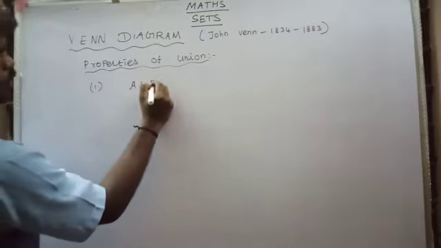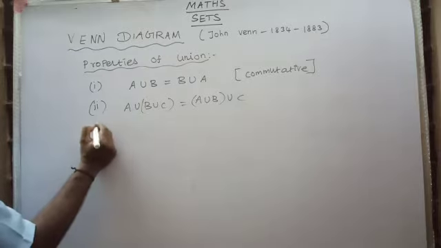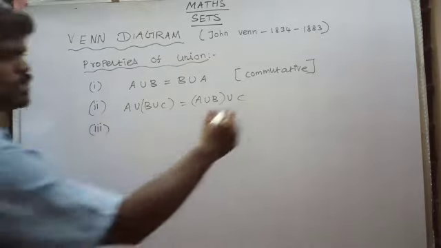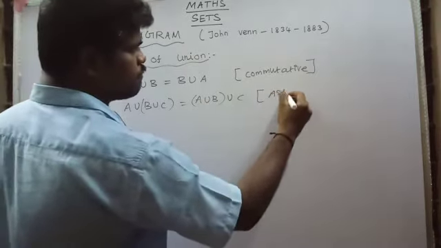And number 2, the associative property: A union B union C is equal to A union B union C, grouped differently. This is the associative property.